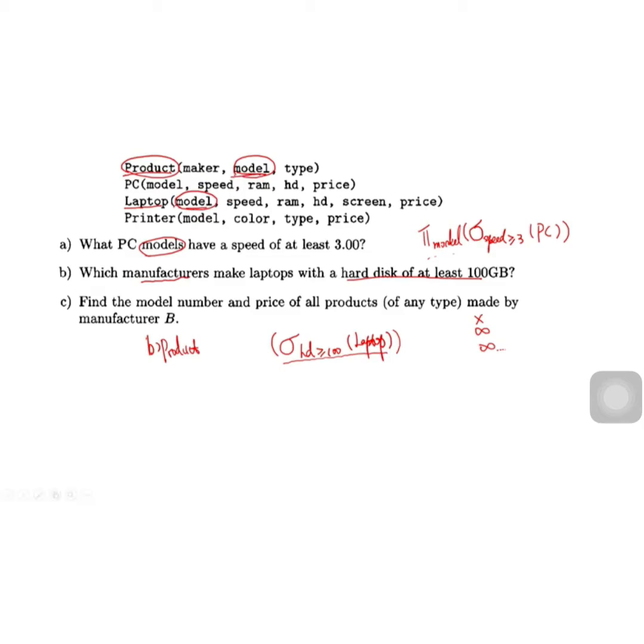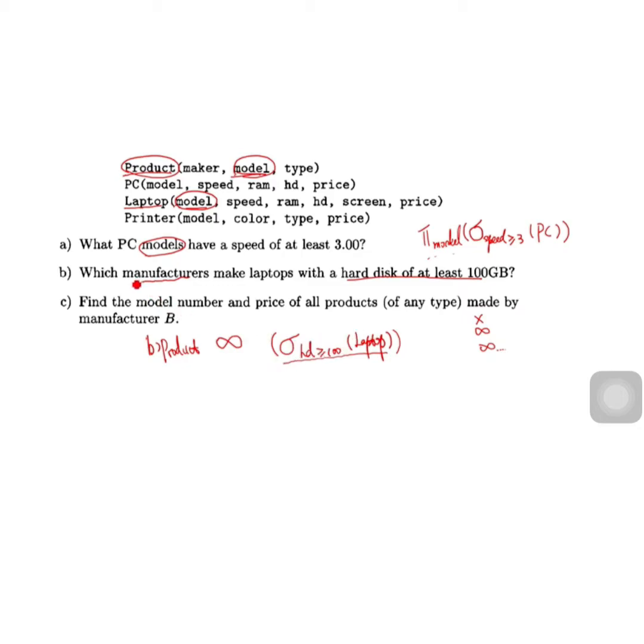Model is the only attribute with the same name, so we can use natural join here: product joined with this result.